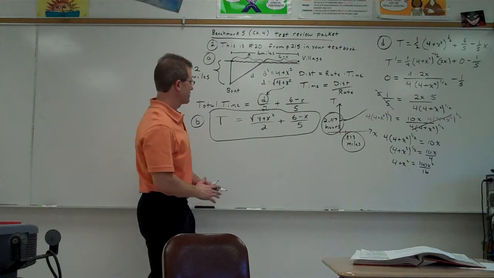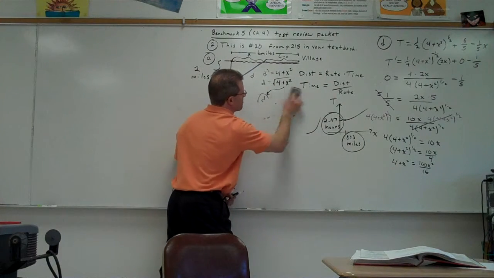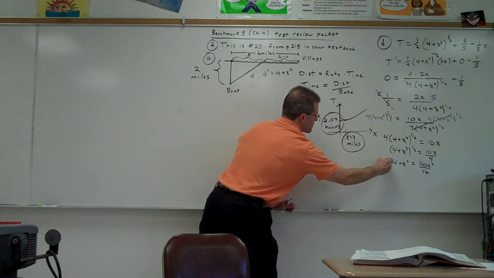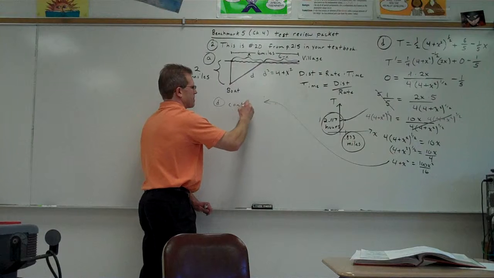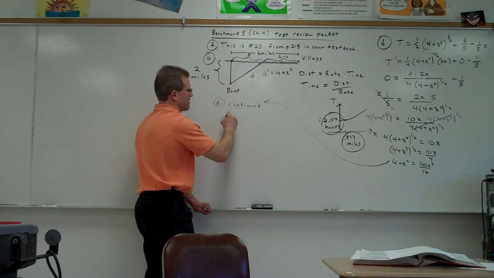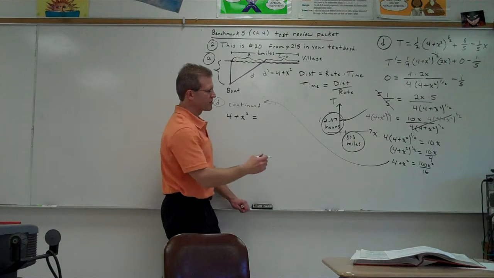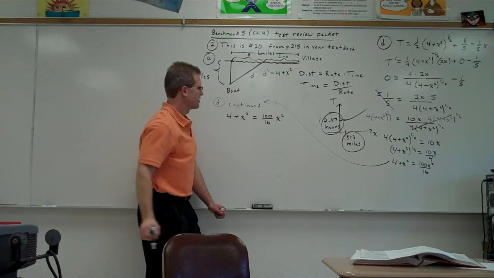We're getting there. Let me erase some of this so we have some room to write. Let's bring this up here. This is part D continued. So you have 4 plus x squared equals 100x squared over 16. That's the same as 100/16 times x squared.